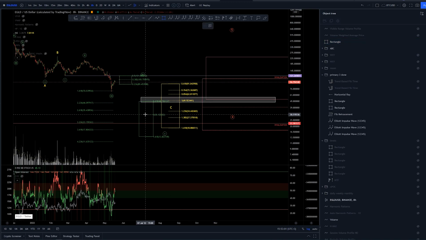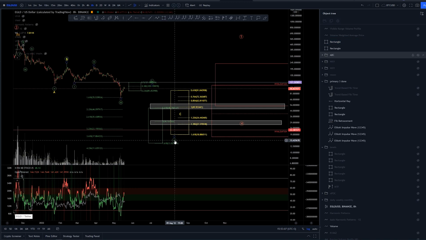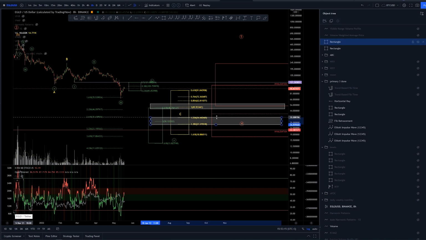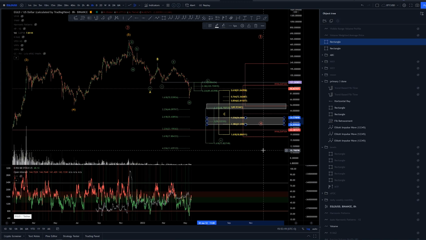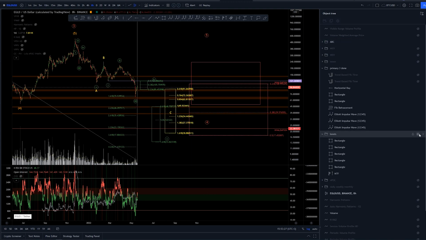Other areas that we have lining up very well is this one-to-one extension of this minute wave and the 1.382 of this minor count. Of course, we could shift this a bit up as well, could align with that 1.236. So those are basically the targets for ABC overall that are lining up between themselves.